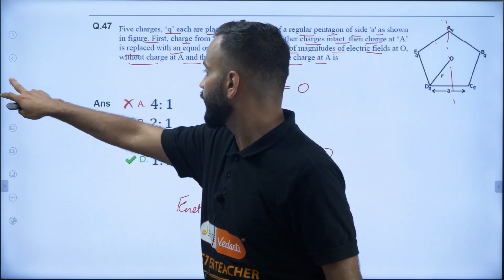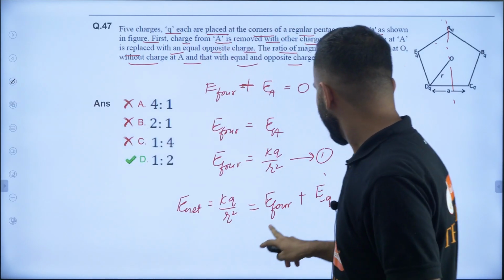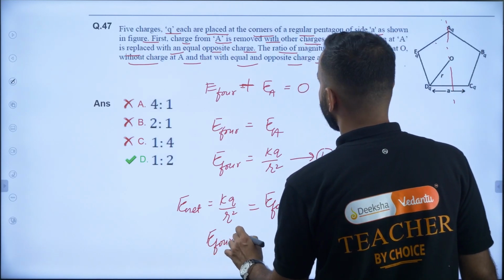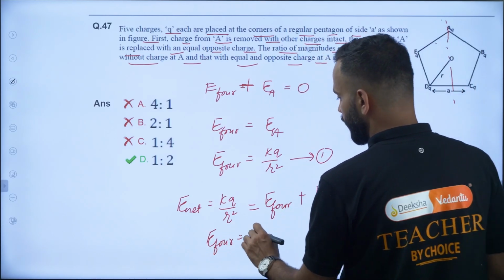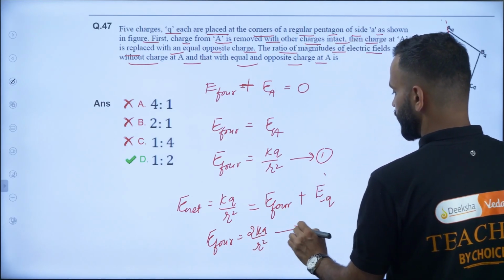So here this has to be kq by r square, not kq square. Okay. So now the electric field due to 4 charges will be 2kq by r square. So this is the second equation.